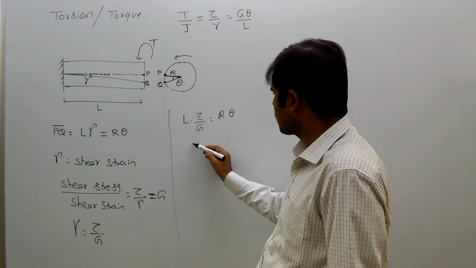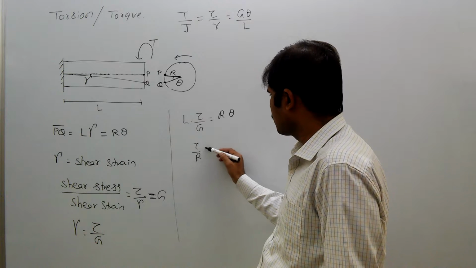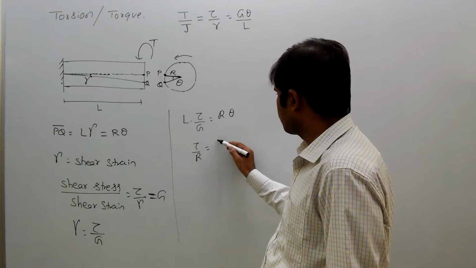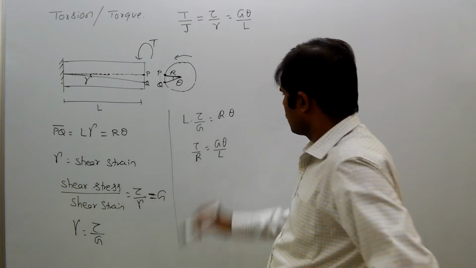From here we can tell that tau by R equals G theta by L.